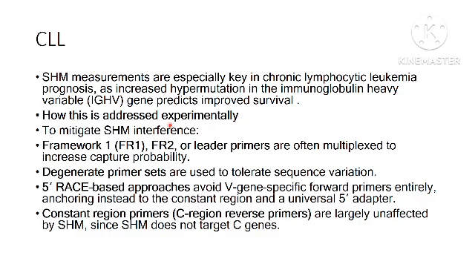Apart from using the framework and leader primers together, there are other primer strategies like degenerate primer sets, 5' RACE based approaches, and constant region primers, which are largely unaffected by somatic hypermutation, because somatic hypermutation will not affect the constant region. So you can design primers against the constant region to amplify your DNA.